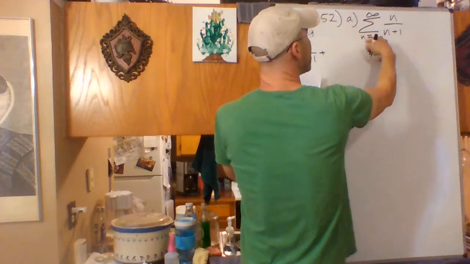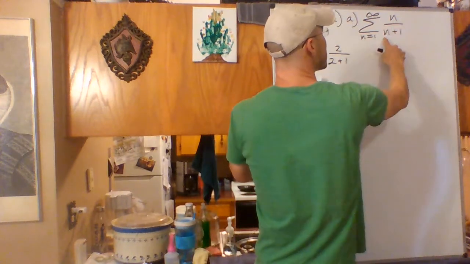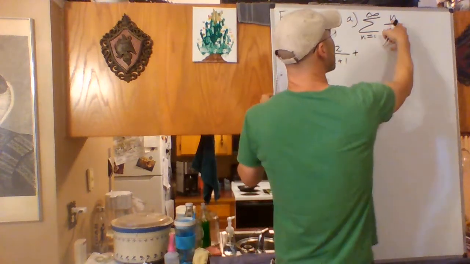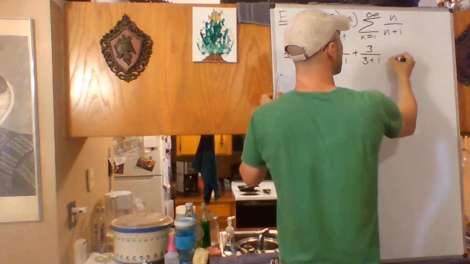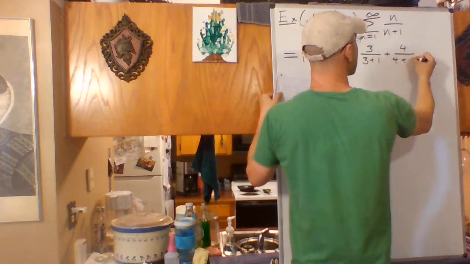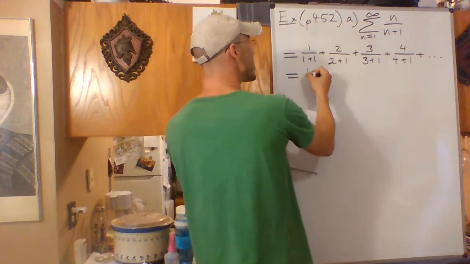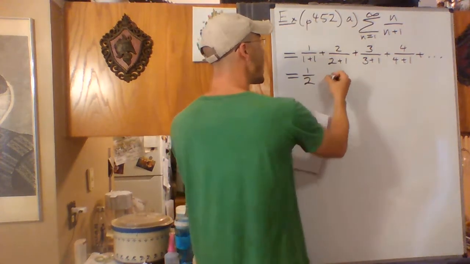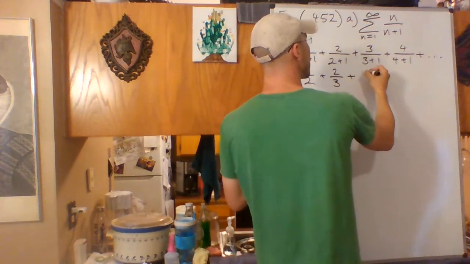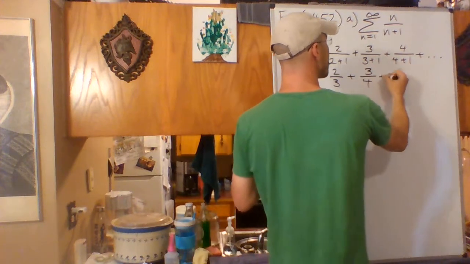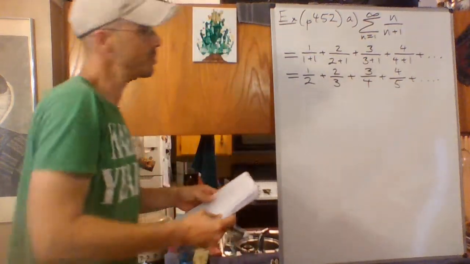1 over 1 plus 1 for the first term. And then when n equals 2, that's 2 over 2 plus 1. Plus 3 over 3 plus 1. Plus 4 over 4 plus 1. That's really just the pattern that's given to us in terms of the sequence. But let's also look at these as simplified fractions. 1/2 plus 2/3 plus 3/4 plus 4/5 plus 5/6 would be the next one.